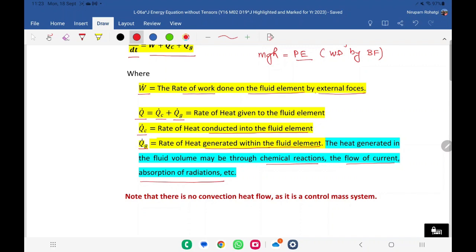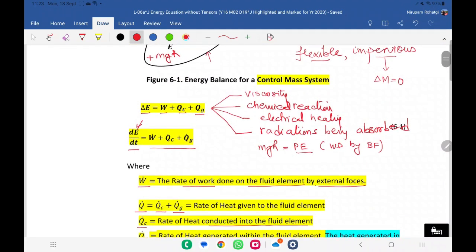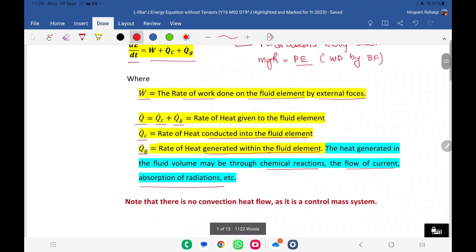When we talk about viscous forces, this is a conversion of kinetic energy into heat, right? So it will not be there, because we are already considering the kinetic energy. Whatever the change in kinetic energy will come here, that has gone as heat. Okay, so it is not needed.